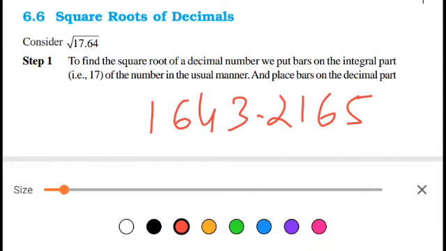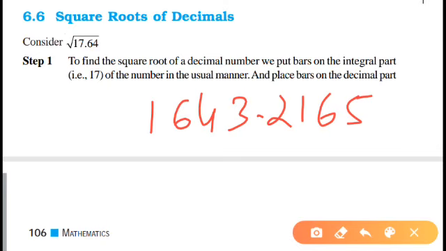The pairing will start from the decimal point. We will approach pairing from the decimal point to the left and from the decimal point to the right. First, the left part: we will pair it like this, from the back two elements and then the next two elements.